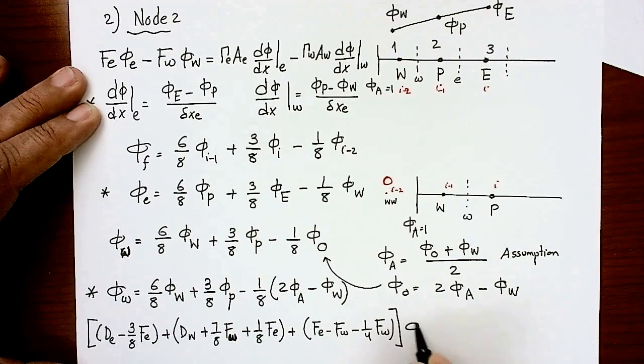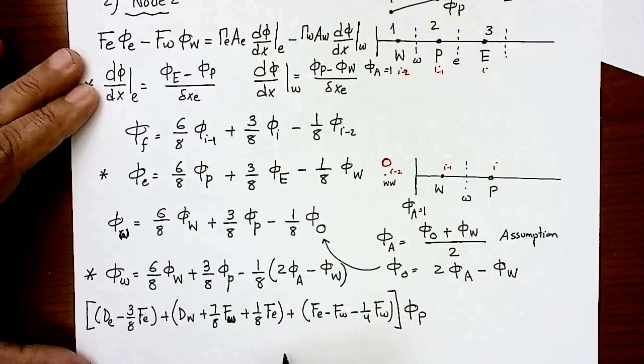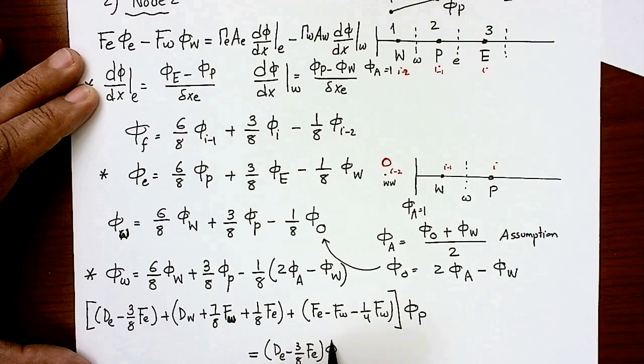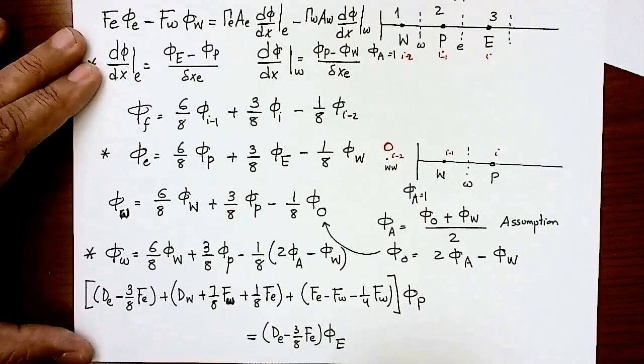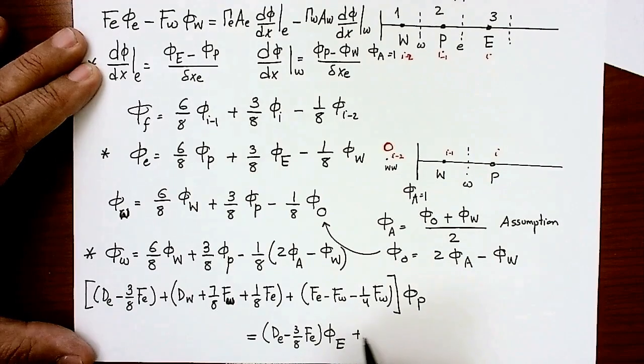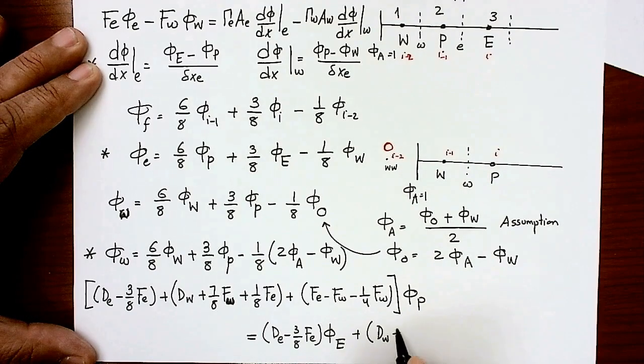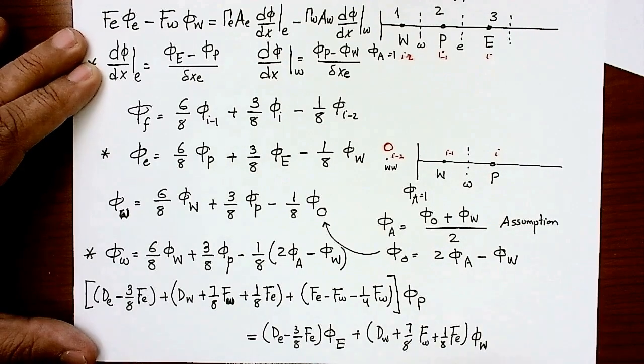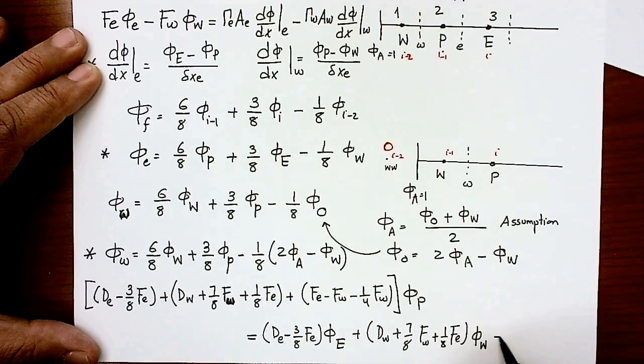This is the total term multiplied by phi P. That should equal the following: dE minus 3 over 8 fe times phi east plus dw plus 7 over 8 fw plus 1 over 8 fe times phi west minus 1 over 4 fw phi A.